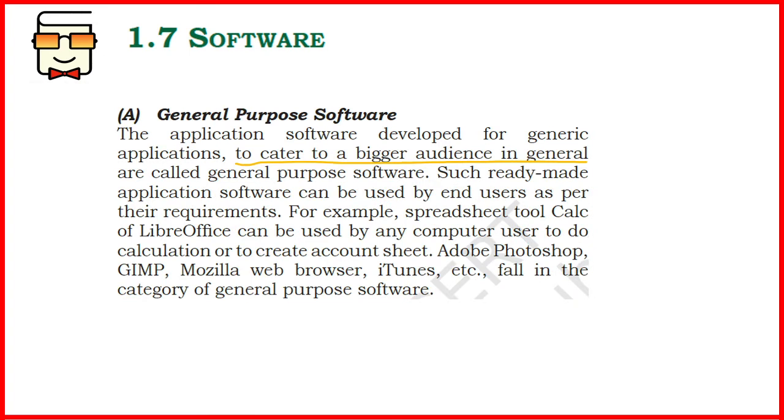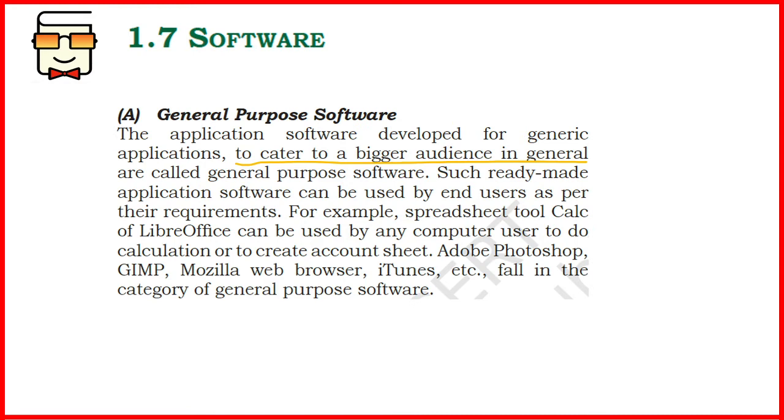Now we'll study general purpose application software. This software is developed for a generic audience, which means it does not have a very dedicated target audience. It provides a facility or functionality that can be used by different groups of people in different ways.